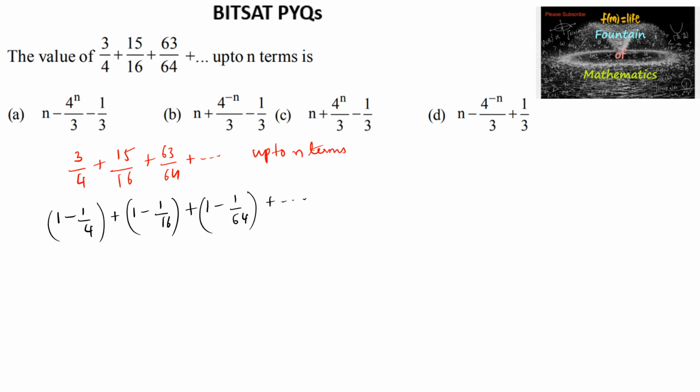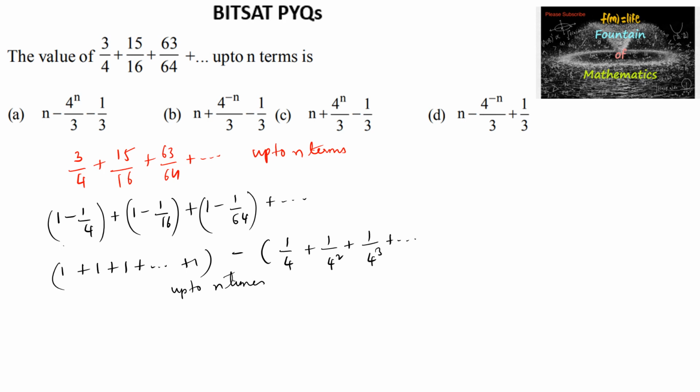So we can take 1 + 1 + 1 and so on up to n terms, and again minus, taking 1/4 common: 1/4 + 1/16, that is 4², 1/64, that is 4³, and so on up to n terms, that is 1/4ⁿ.